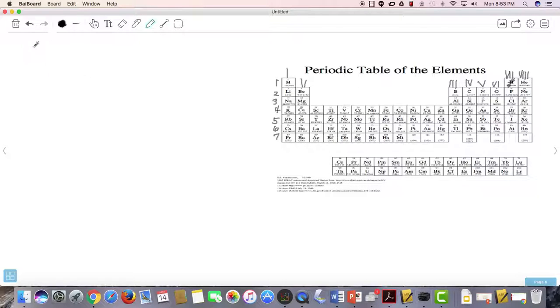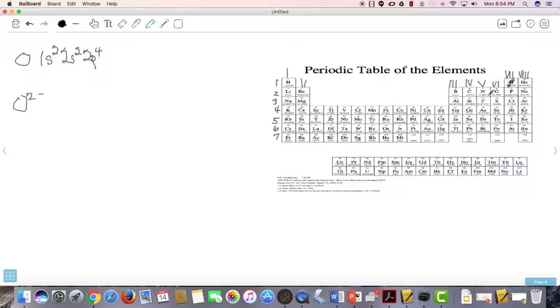All right, so let's take a look at oxygen. Oxygen atom and oxygen ion. Well, first let's write out the electron configuration for oxygen atom. All right, that's the electron configuration for oxygen atom.